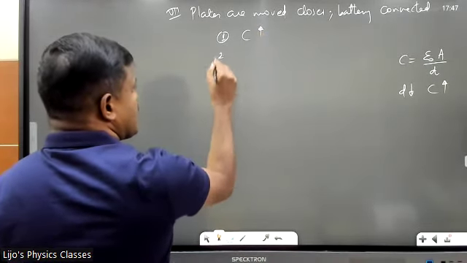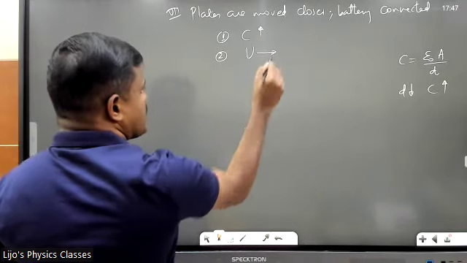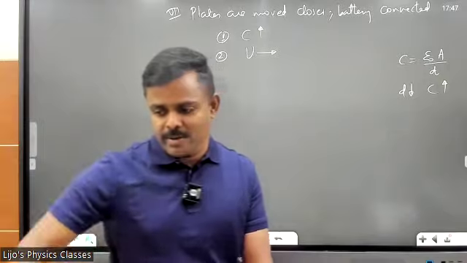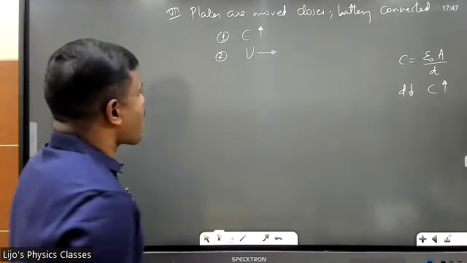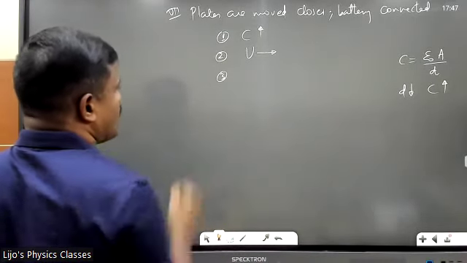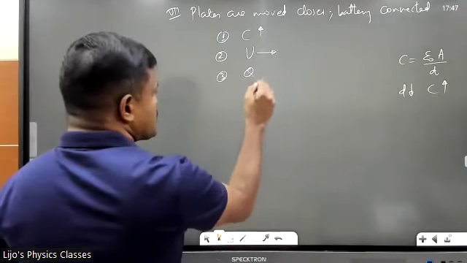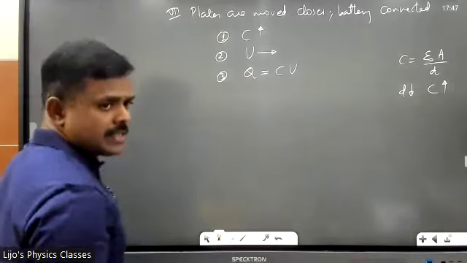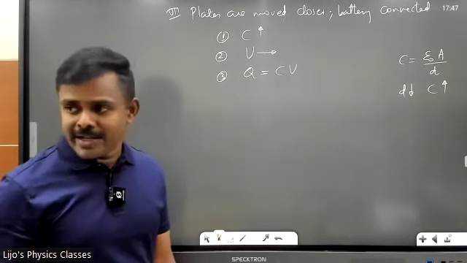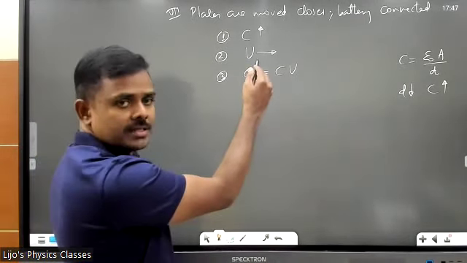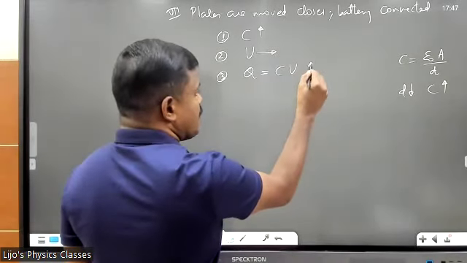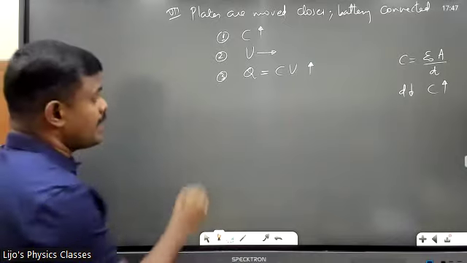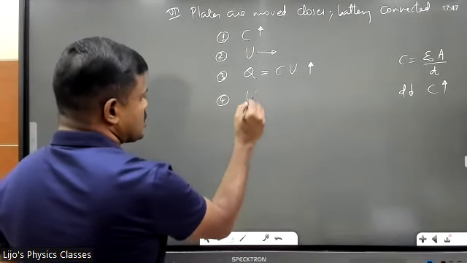Battery connected means voltage will be constant. Now the third one, Q is equal to CV. Here V is a constant, C increases. If you understood the concept, you're never going to forget this. Last one, fourth one, energy.